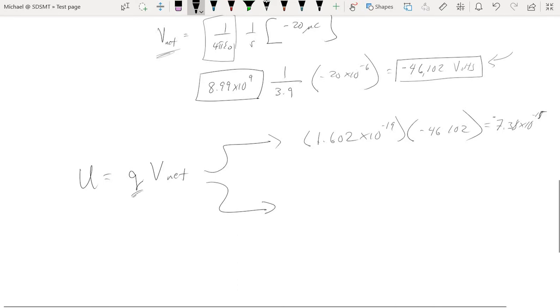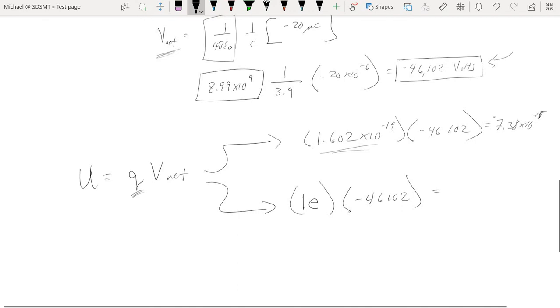The charge itself can be represented as some integer value of the elementary charge. Well, the proton uses one elementary charge value, and we've placed that proton into an area where the electric potential, or voltage as we might want to start calling it, is negative 46,102.